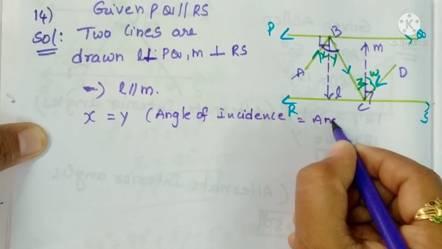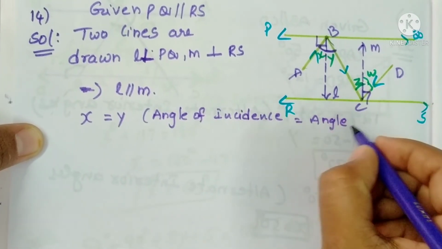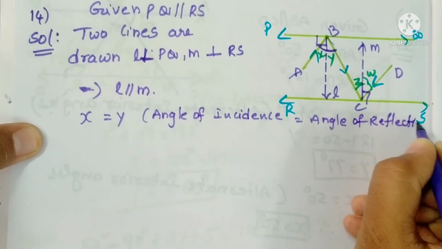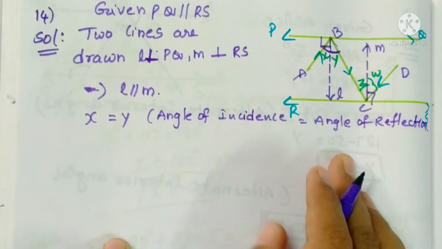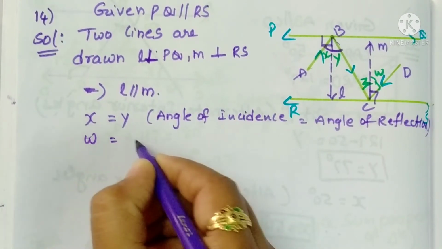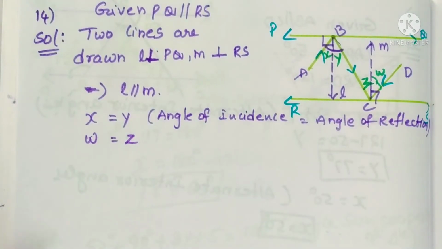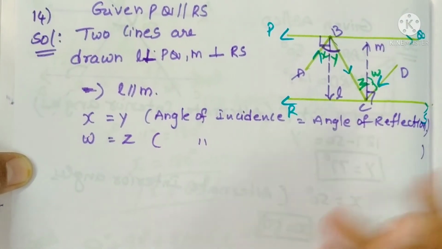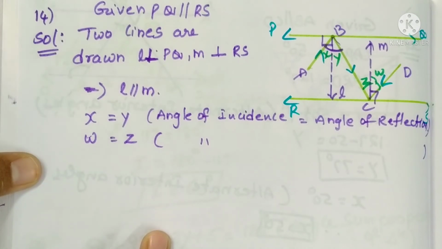Similarly here z is equal to w, we can write the same reason, angle of incidence equals angle of reflection.